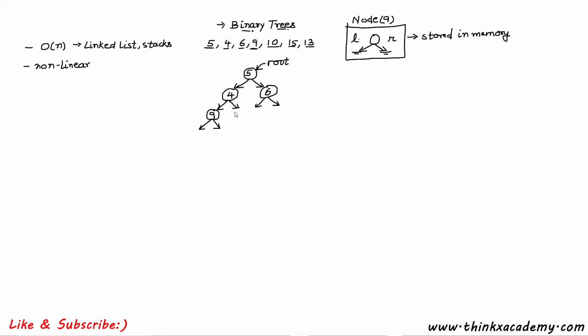So let's say I will insert 10 here, I'll insert 15 here, and let's say I will insert 13 here. All the nodes, we know, will have two pointers which are pointing to null. Now, since we do not have more data to insert in this binary tree data structure, all of these are going to be null references.